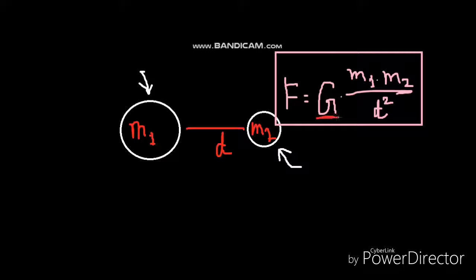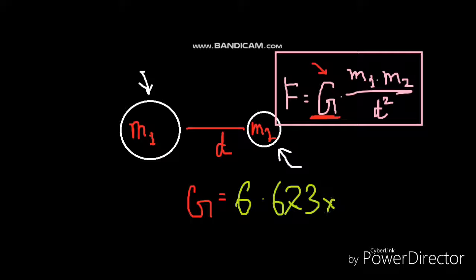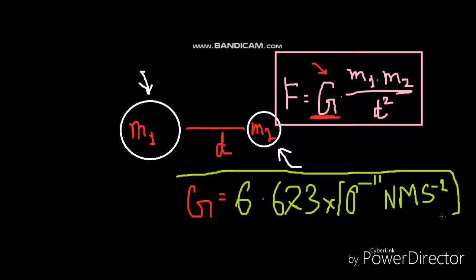The force needs the constant, that is the gravitational constant. Here G, the gravitational constant, refers to 6.673 times 10 to the power minus 11 Newton meter squared per kilogram squared.